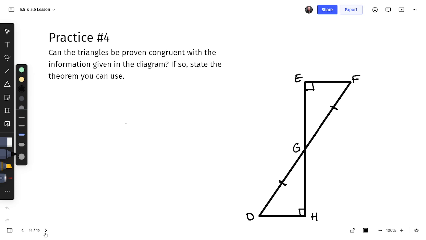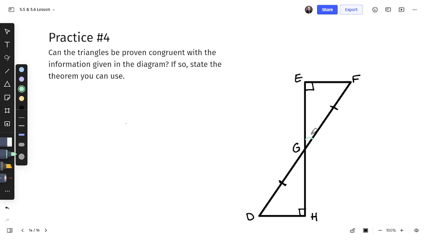Ready? Okay. So we have two triangles. We have FEG and DHG. We know, for example, that angle H is congruent to angle E because they are both right angles, but we actually have to include one more piece of information so that we can prove that these two triangles are congruent.